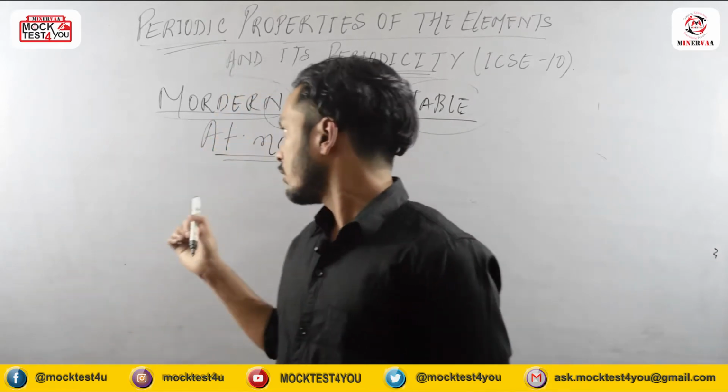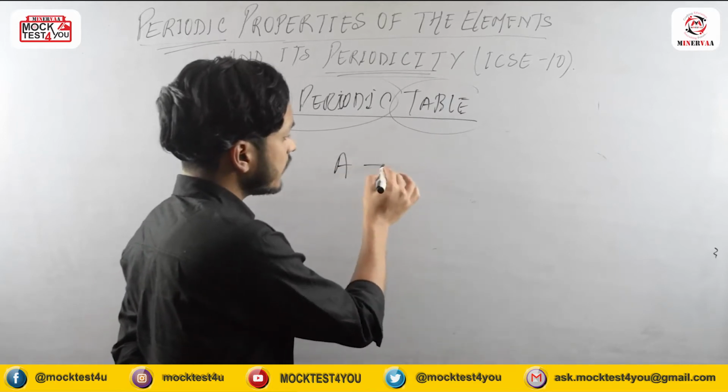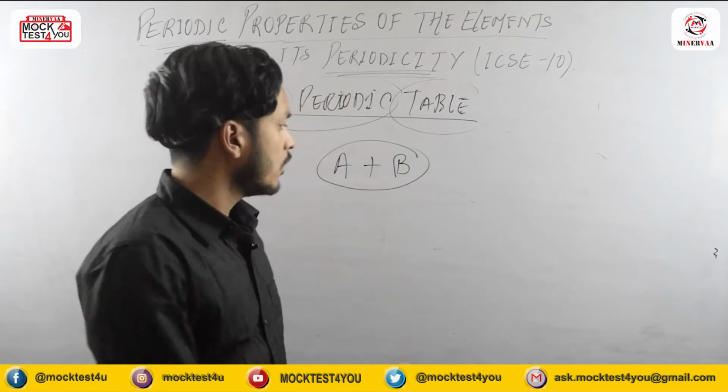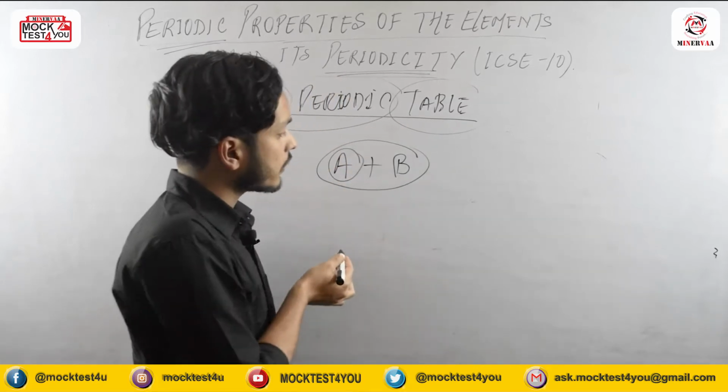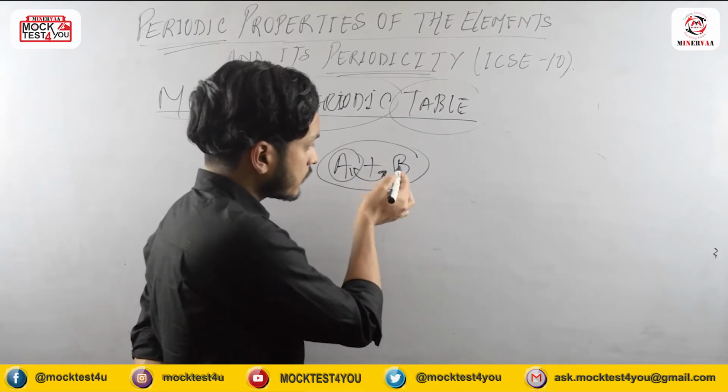One thing I would like to tell you, just try to focus on this. Suppose A is reacting with B. What actually is happening here? There is an exchange of electrons, right?